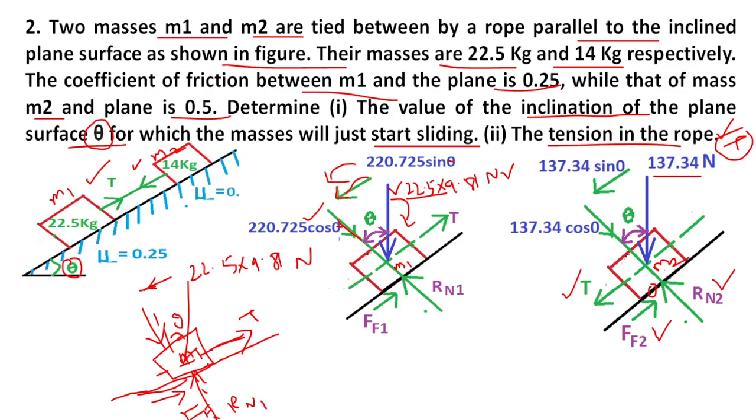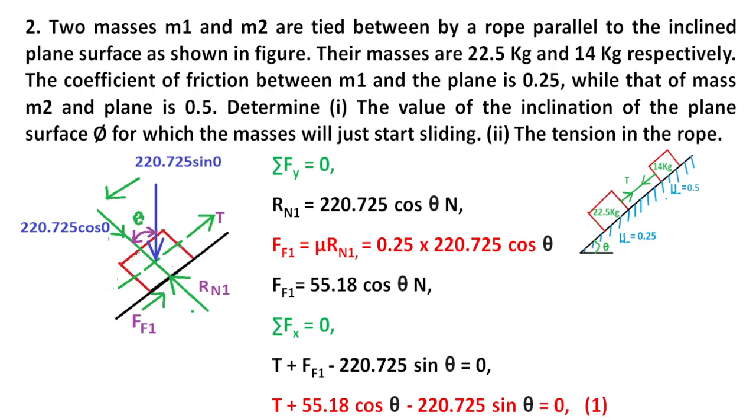The component forces: 137.34 sin theta opposite side and 137.34 cos theta adjacent side. This is the free body diagram of the two blocks.